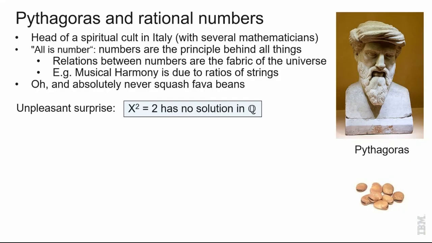What they actually prove is that there is no common divisor between the diagonal of the square and the side of the square. But that's exactly equivalent to this statement. So what Hippasus discovered is that this particular equation doesn't have any solution in Q, which for Pythagoras means that it doesn't have any solution at all.